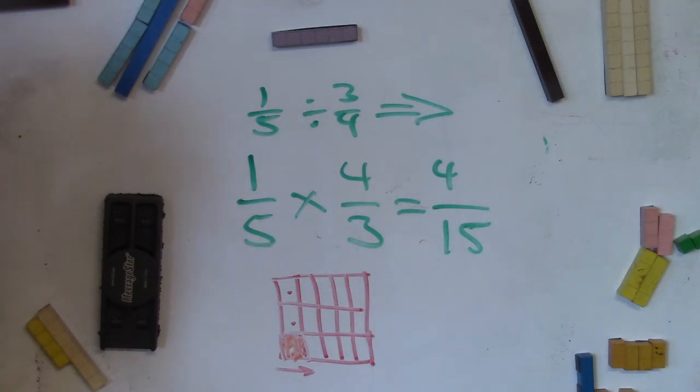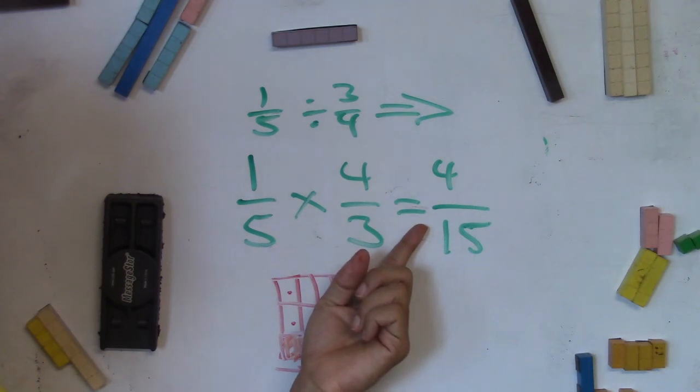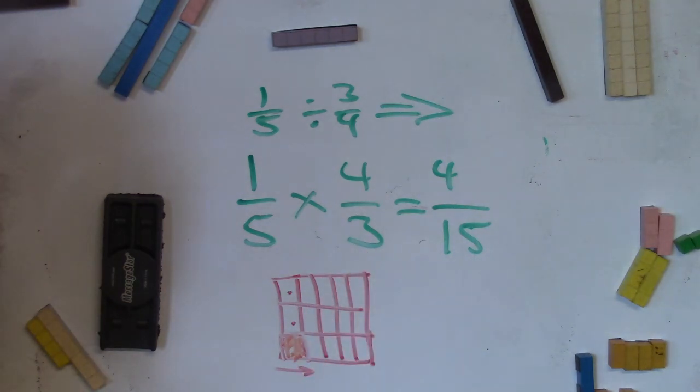I like it. And you'll have 4 of those 15ths. So now we have 4. Wait, isn't it 4/15? Yes, it is 4 15ths. That's the correct answer. You see? And I know I'm right. And you know you're right.